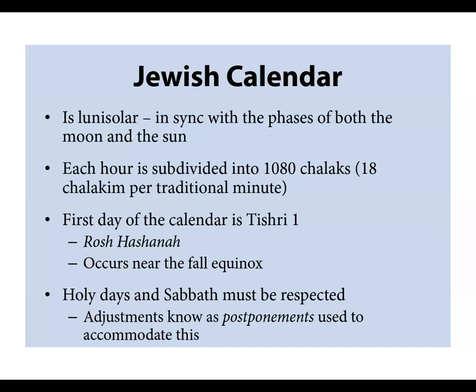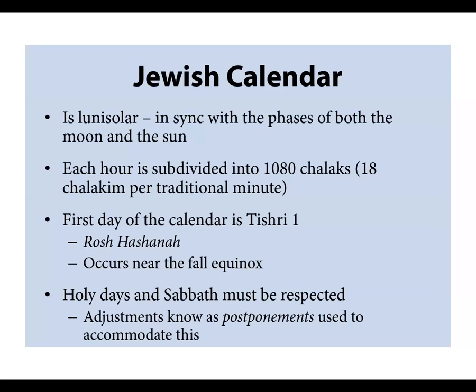So if you were to try and figure out an exact time, you could break it down with the Jewish calendar. The first day of their calendar is Tishri 1, which is Rosh Hashanah. It also occurs near the fall equinox. So once again, we have a calendar that is not starting on January 1st. It is starting in the fall.